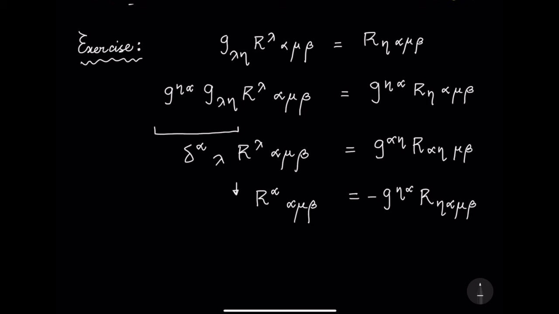And if you compare these with that, you realize that something equals the negative of something, which means that something is 0. So that tells us that if I contract the Riemann between the first and the second index, then it's 0.